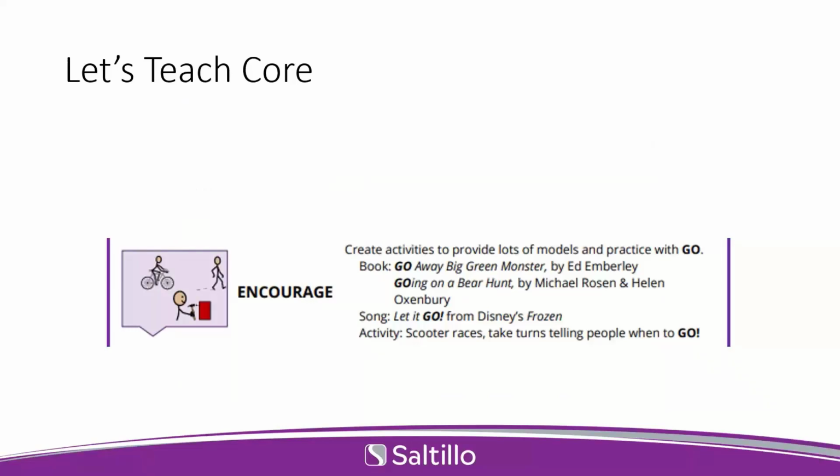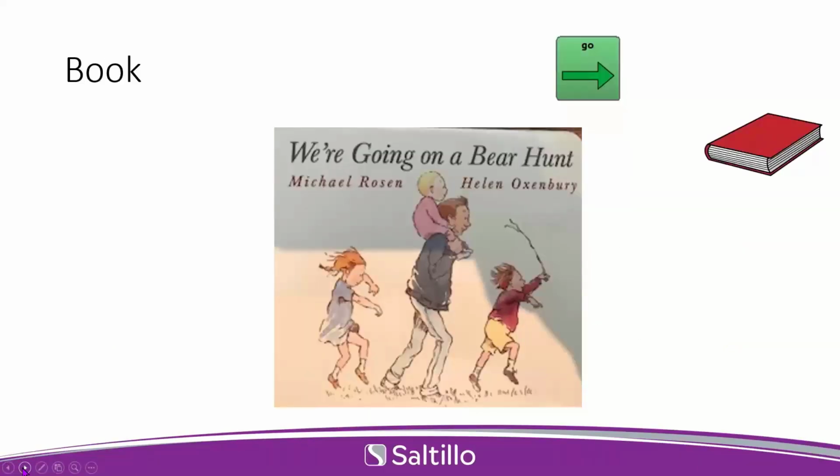The next section talks about how we can encourage the use of the word in different activities. It gives a few ideas for you to ponder, like doing it during reading, or singing a song, or racing and playing. It encourages you to move beyond just modeling it, but using it in a variety of activities. So when reading the book Going on a Bear Hunt, we can just model the word go whenever it pops up in the story, which is wonderful, right?